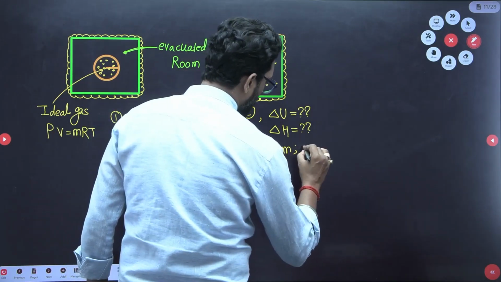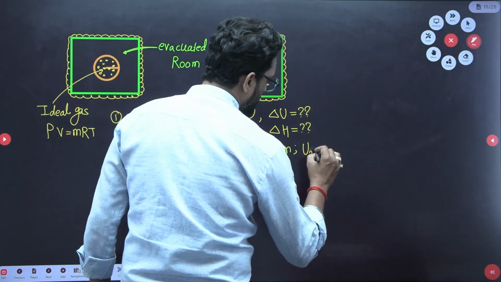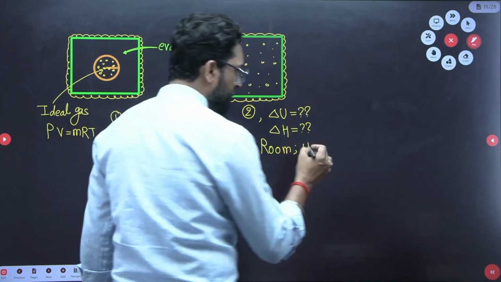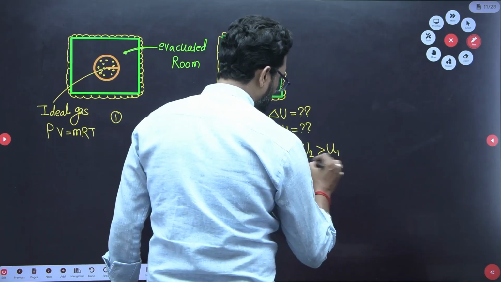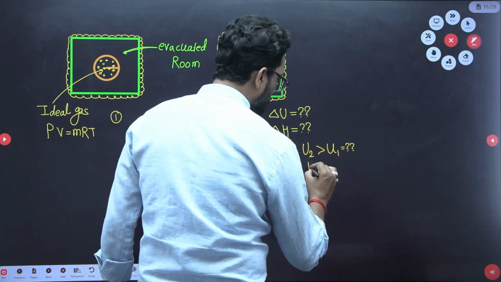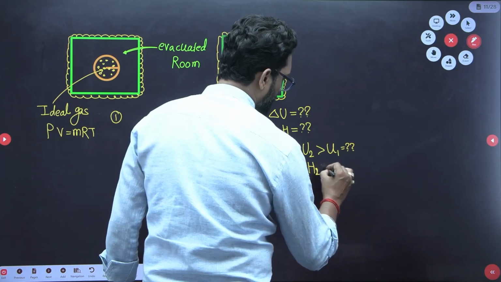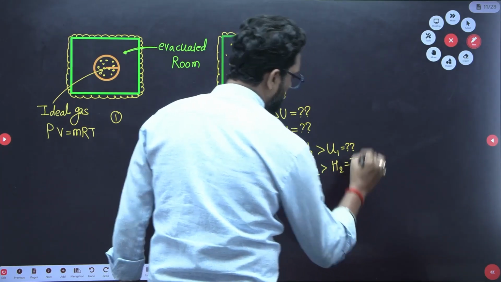That means whether U2 will increase compared to U1, or decrease, and whether enthalpy H2 will increase as compared to H1, you have to check. How to check?